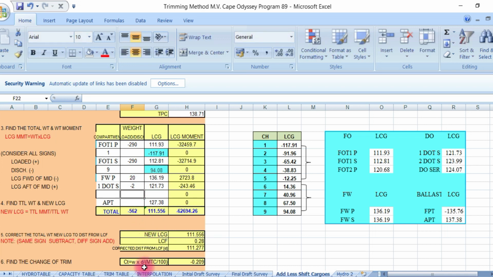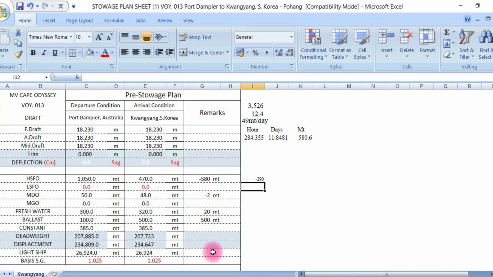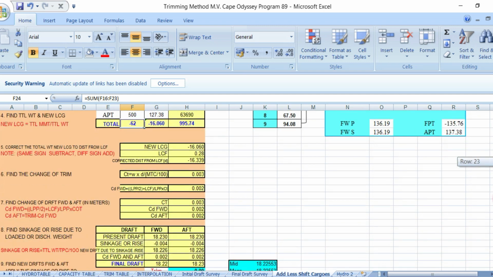And he says he will add 500 metric tons prior to arrival at Gwangyang. So we put here 500 metric tons, positive, because he will pump in. And this will be his condition when he arrives at Gwangyang.